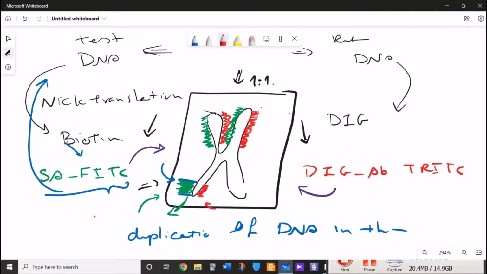It could not be suffering from a deletion. So we have a duplication in this region just in the test DNA.